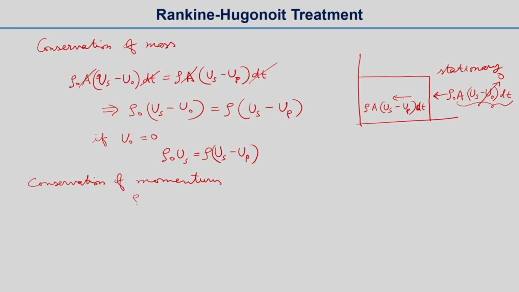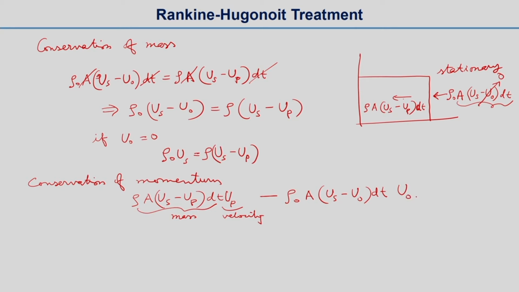So the momentum change will be rho A US minus UP dt, which is the mass, multiplied by UP, the velocity, minus rho naught A US minus U naught dt, the mass, into the velocity U naught.